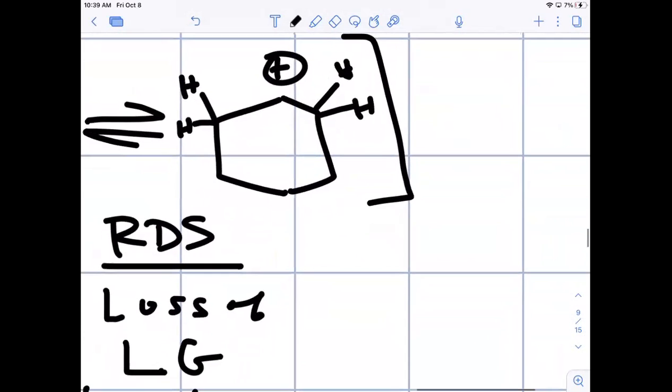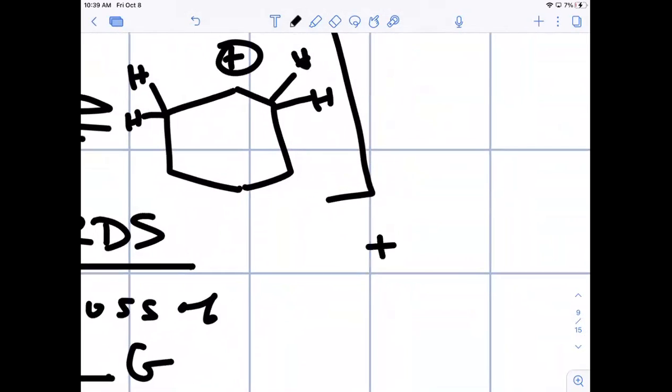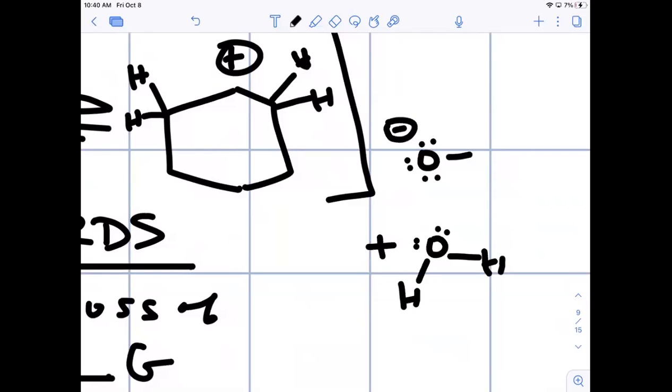And then now the question is, how does it get deprotonated? Because you lost water. But you also have the conjugate base of sulfuric acid. Right?